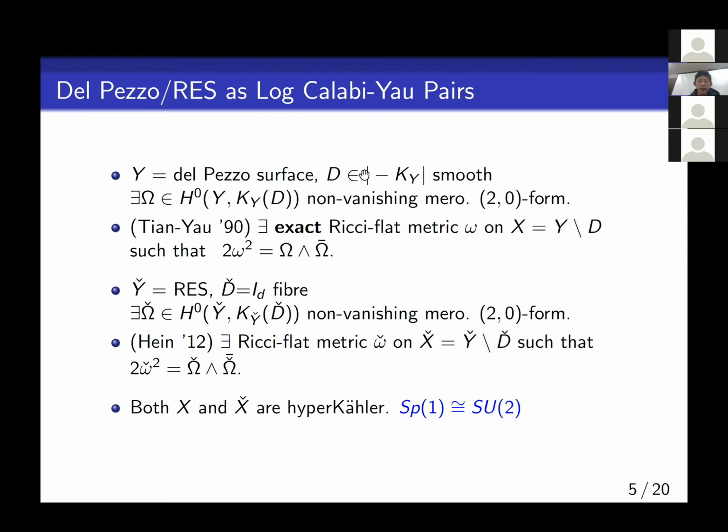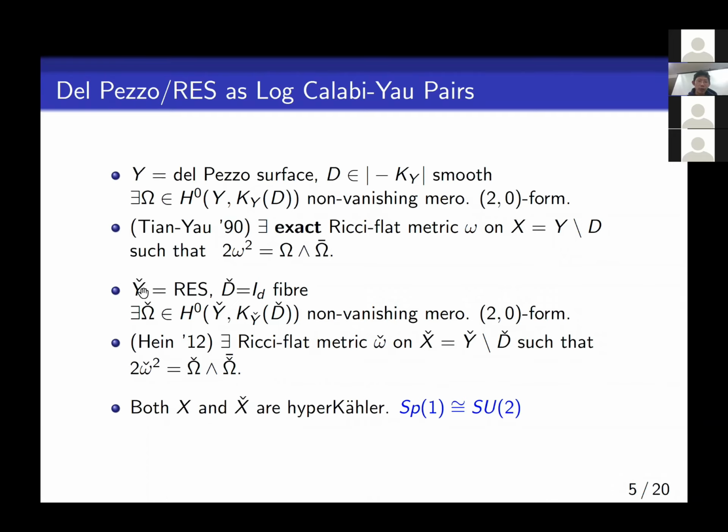By definition, I will call the complement of D in Y, X. So there exists a holomorphic 2-form on X, which is actually meromorphic on Y with a simple pole along D.